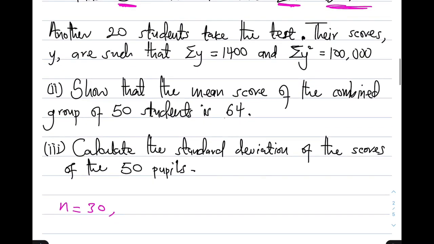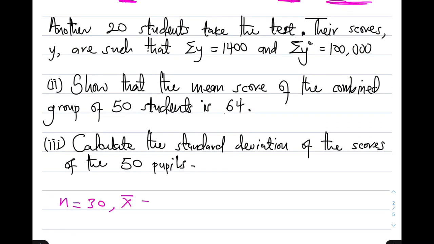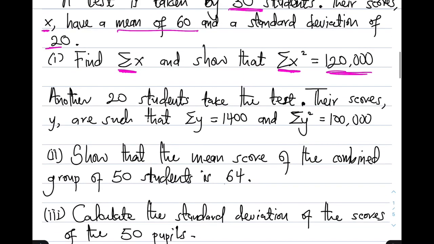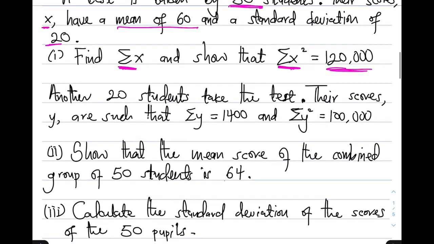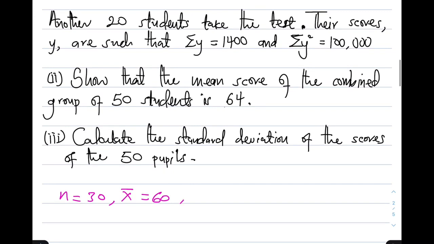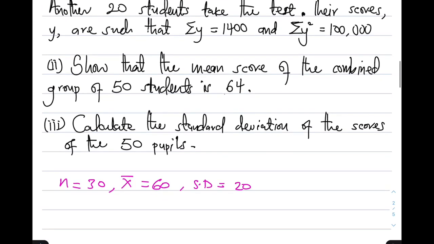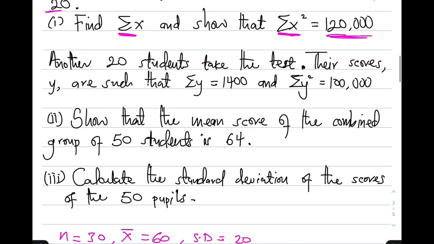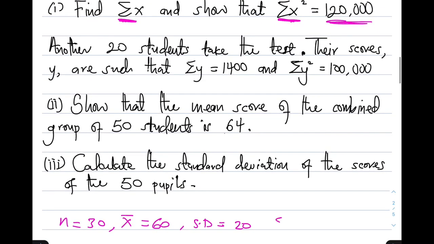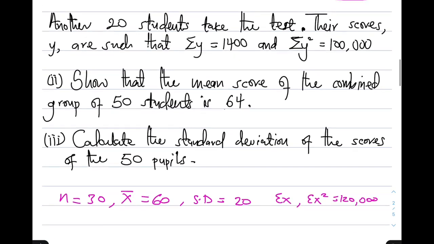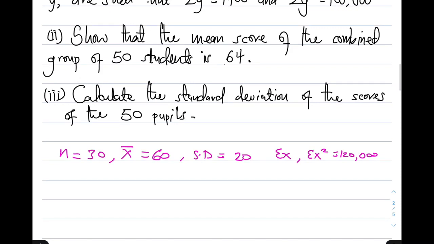They said x represents their score, so we can say x bar is 60. Then the standard deviation is 20, so SD equals 20. Now they want us to find two things: sigma x, and then prove that sigma x squared is 120,000.